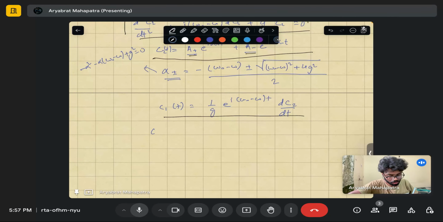Let me write the initial condition properly again.